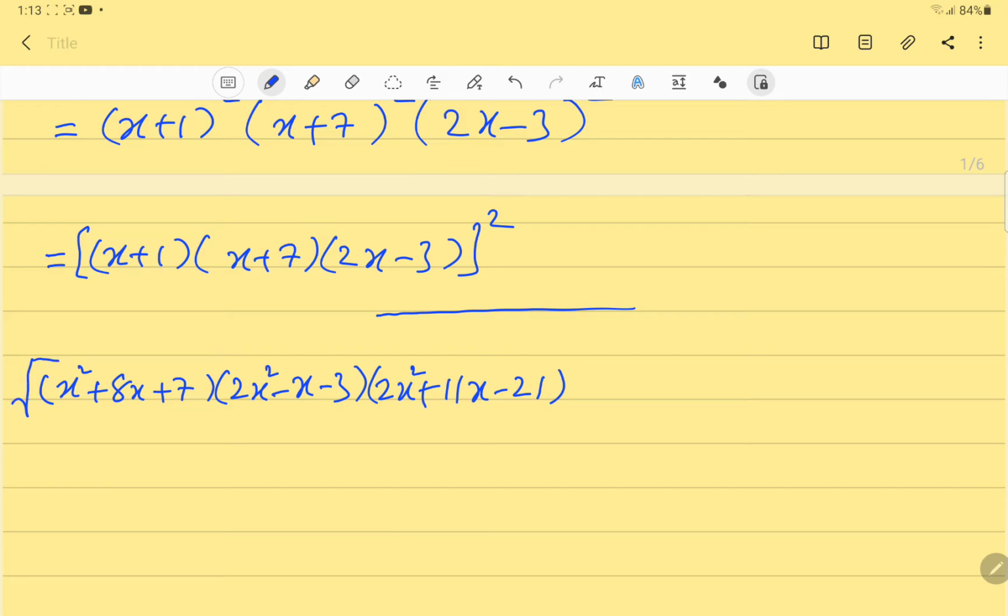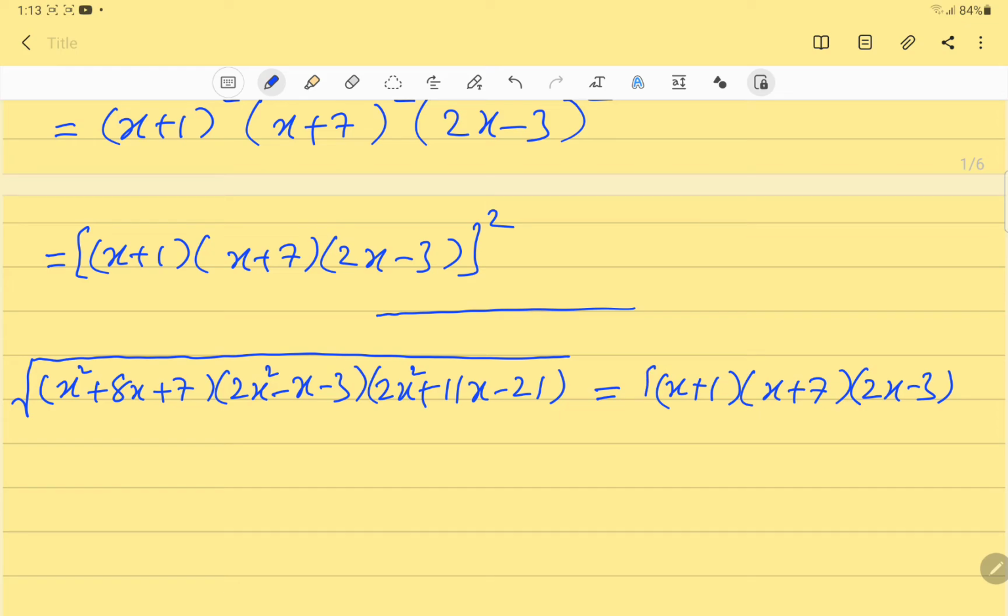We have to write its square root, which is equal to (x+1)(x+7)(2x-3), all of it squared, and then we will take the square root and write plus minus outside.